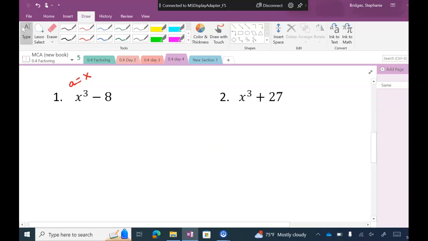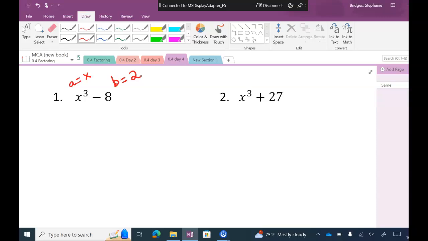And then B is going to be whatever the cube root of the second term is. If I'm not sure what the cube root of 8 is, I can look at my list and scroll over to the roots, and it tells me that the cube root of 8 is 2. So in this case, my B is 2. I like to write them down. That way when I go to plug them into my pattern, I don't have to think about them anymore.